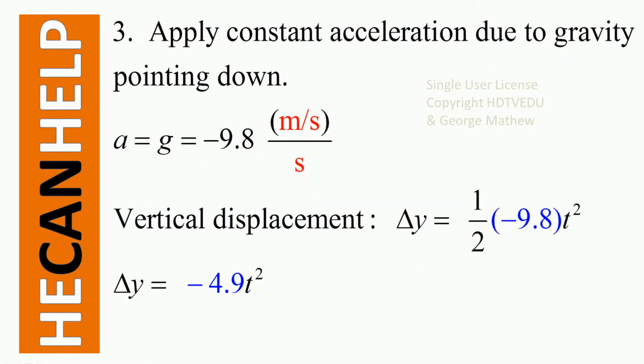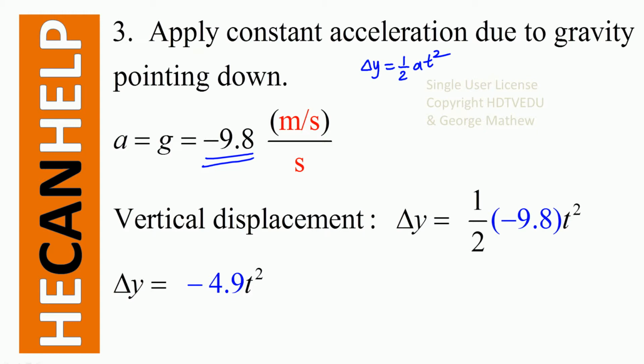Now what do we do? So we have delta y equals 1/2 at squared. And into that, we substitute a is equal to negative 9.8 meters per second squared.